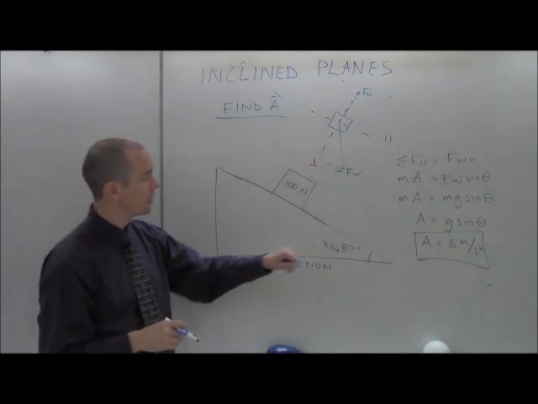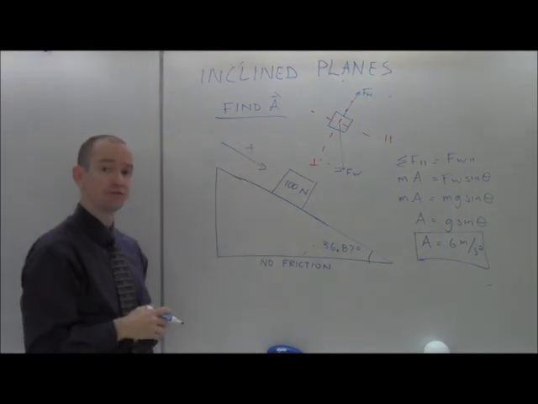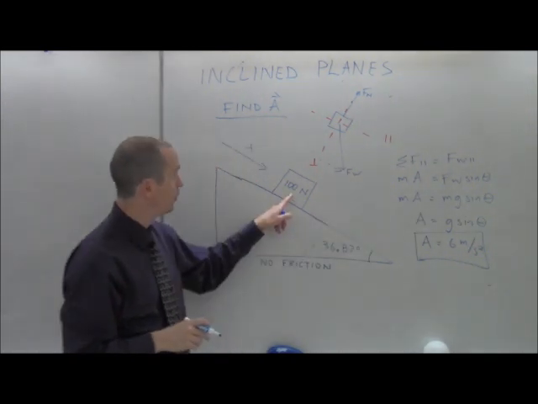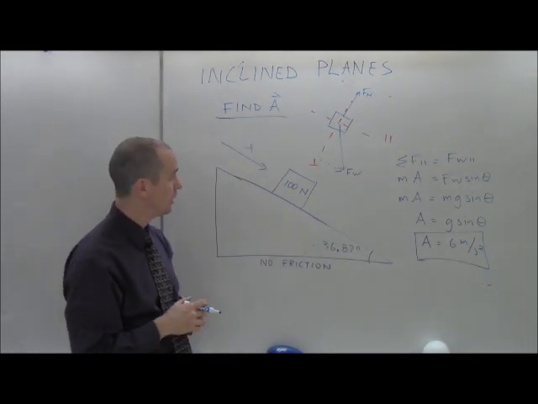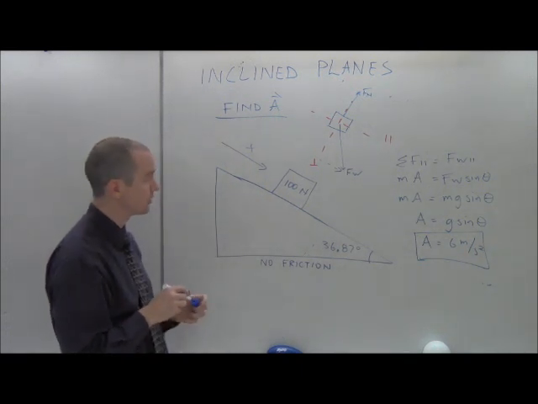Please note that in solving this, I assumed this was a positive direction. Furthermore, notice that the masses cancel out. It wouldn't matter what this value was as long as the plane was frictionless and no external forces were acting.